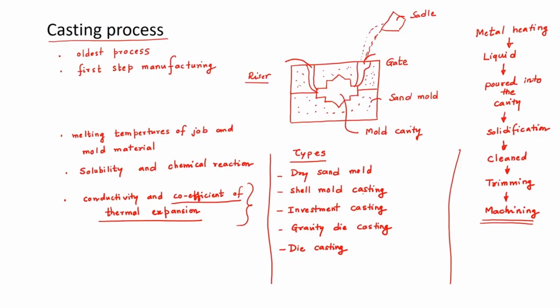The dry sand mold casting is a very typical casting process, and it is used to manufacture medium to large size casted products. Shell mold casting is used to manufacture medium sized components. The investment casting process is used to manufacture small size parts at a mass scale. The gravity die casting and the die castings are used again to manufacture metal components of medium size.